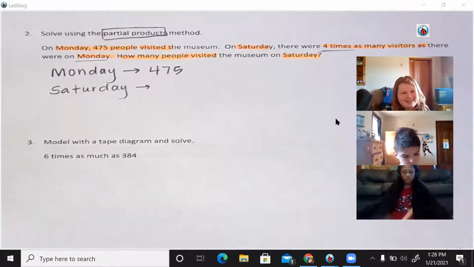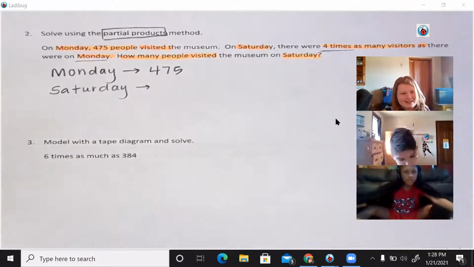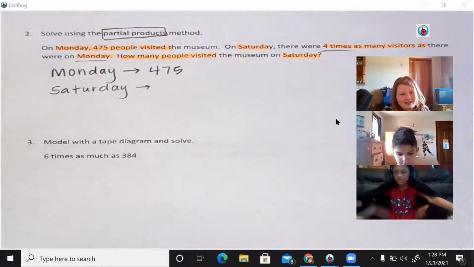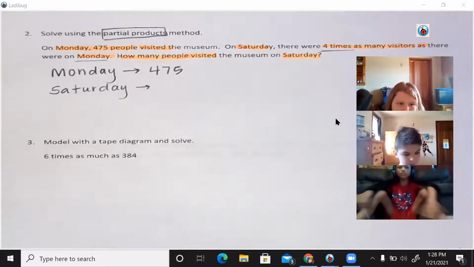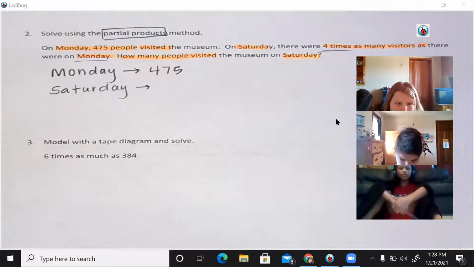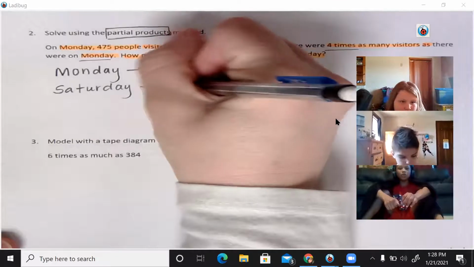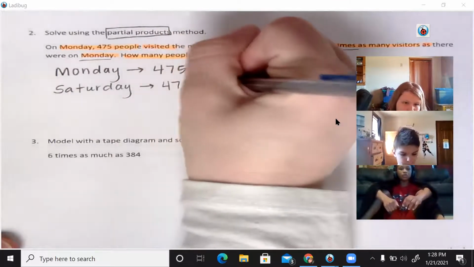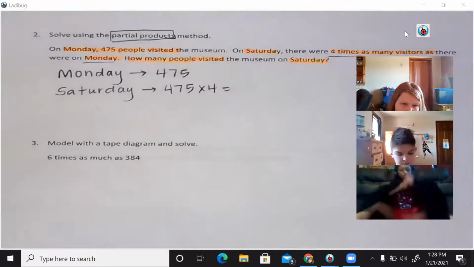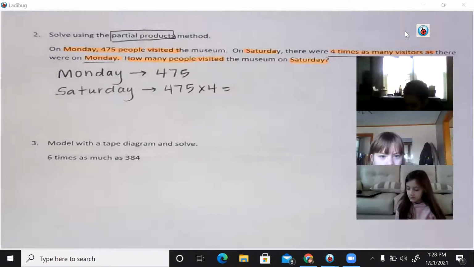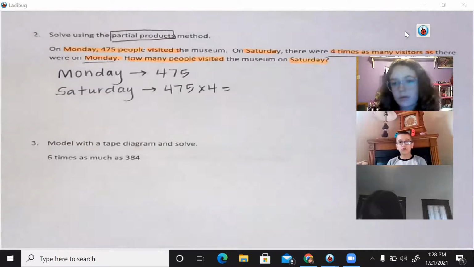We know that on Saturday there's 4 times as many as Monday. You have to use that information. So you have to do 475 times 4. There you go. Okay, so we need to figure out 475 times 4.